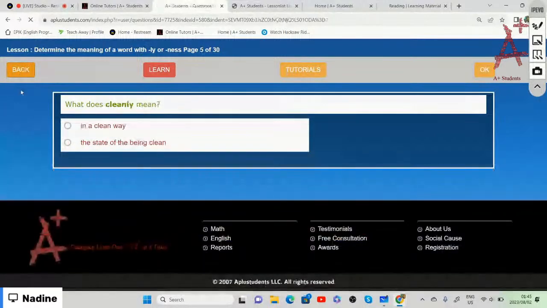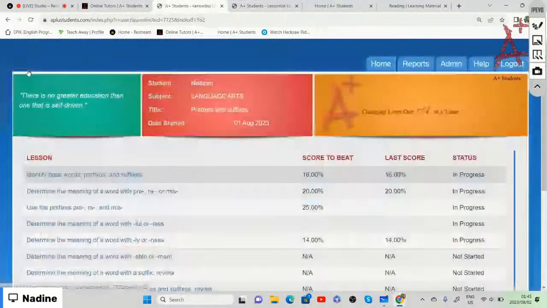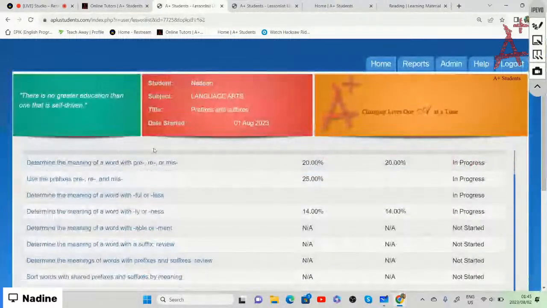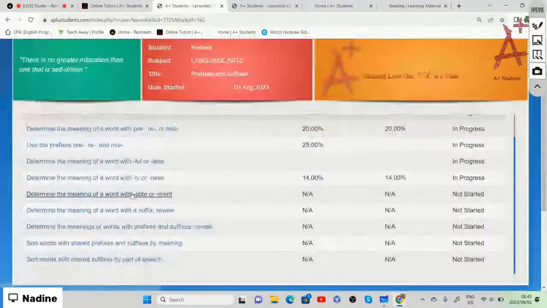All right, so that is basically the end of our chapter of prefixes and suffixes. We went over quite a few lessons, where we identified the base words, which is a word that can stand on its own. And then we identified prefixes and suffixes. With the base word, you can combine the prefix in front of the base word and the suffix at the end of the base word, right?